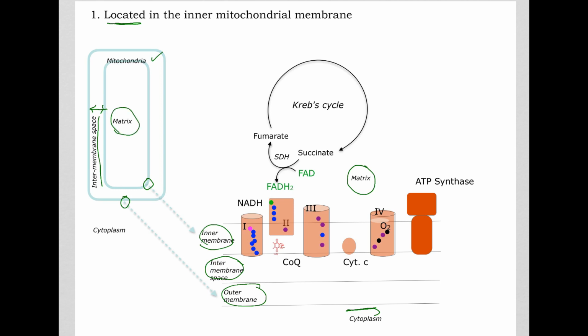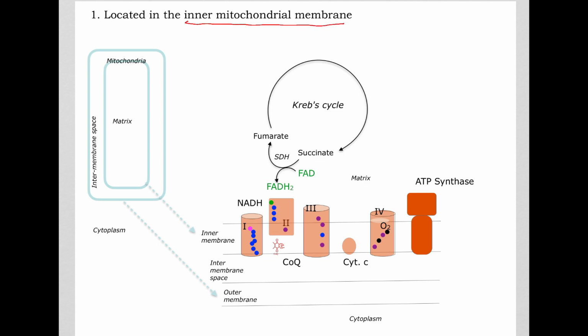This is the matrix. So the electron transport chain is located in the inner mitochondrial membrane. So this is where you will see all these components of the electron transport chain.